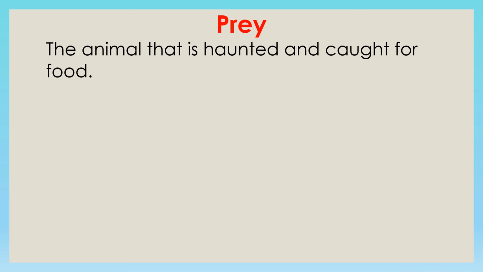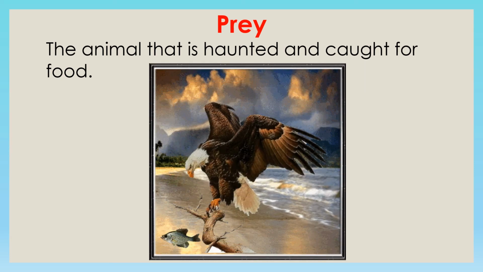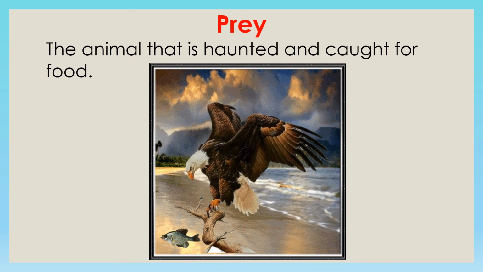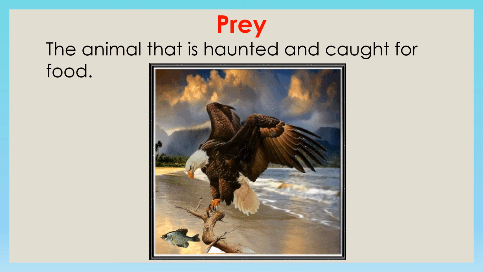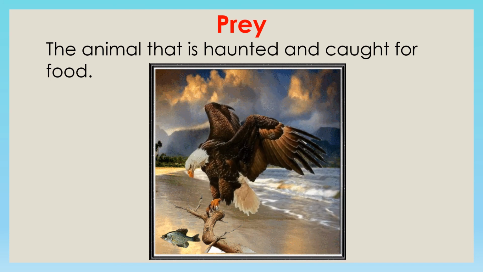A prey is the animal that is hunted and caught for food. So as you can see here, it's a hawk catching a fish. So the hawk is the predator and the fish is its prey.